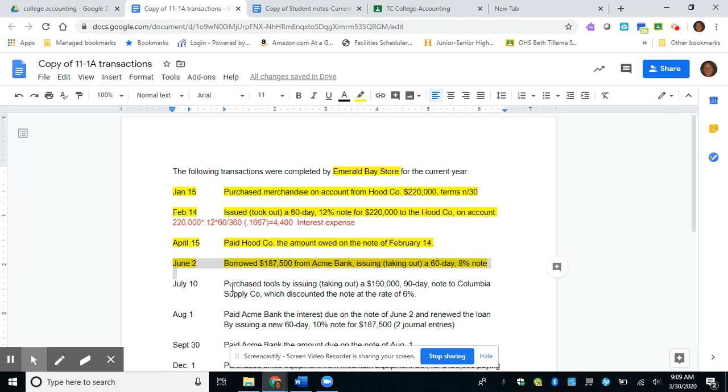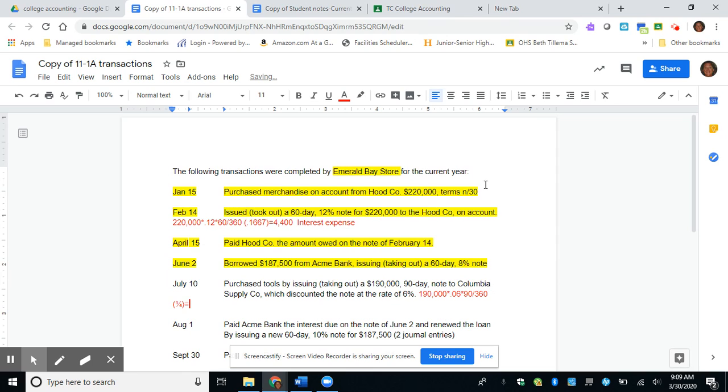All right, on June 10th, it looks like I bought tools by taking out a note. The note is discounted. So the amount of the note is $190,000. I know a discounted note, I pay interest ahead of time. So let's just do the calculations for the interest. 190,000 times 0.06, which is the interest, times 90 over 360, which you guys know translates into 1/4 of a year.